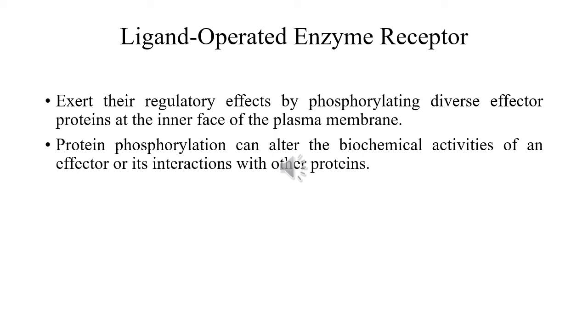This alters the biochemical activities of an effector or its interaction with other proteins. The effect can be produced directly by the biochemical activities of an effector, or through the interaction of these phosphorylated proteins with other proteins.